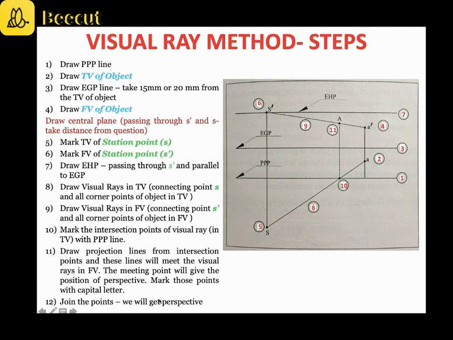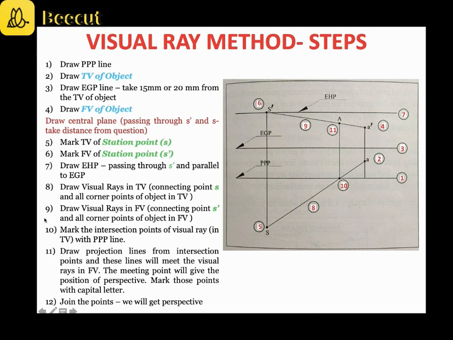After drawing the EHP line, the next step is to draw the visual rays in the top view. That is step number 8. The visual rays in the top view are drawn by connecting the point S and all the corner points of the object in the top view. Here the top view is represented by a single point which is A. So you have to join S to reach A, and this is the visual ray in the top view.